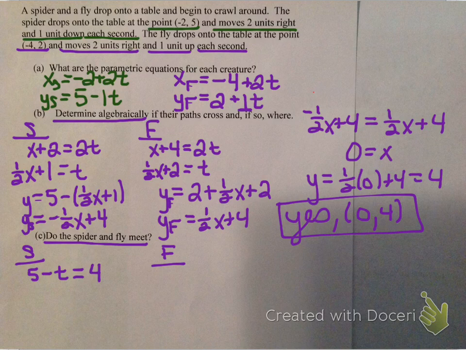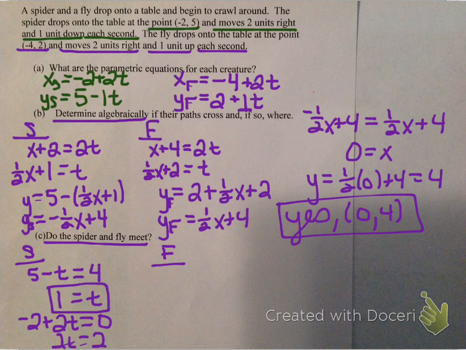So I add the t to move it over here and subtract the 4 to move it over here, and I get time equals 1. So that's when the spider is at that point. If you solved the x equation, it's not necessary, but watch what happens. You take the x equation, you want to know when it's equal to 0, because that's the correct x coordinate, and you get 2t is equal to 2. So sure enough, you're going to get t equals 1. So you don't have to do it for both equations, because you're going to get the same answer either way.